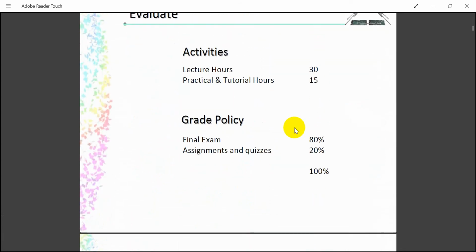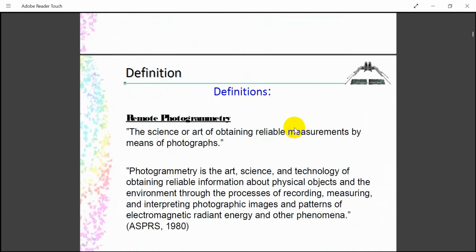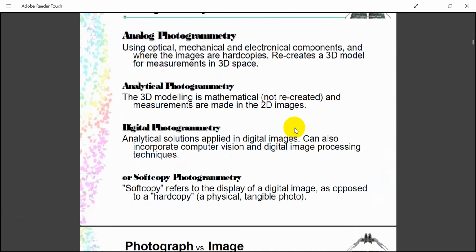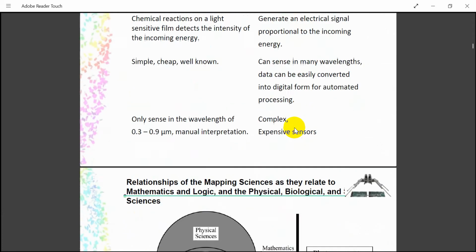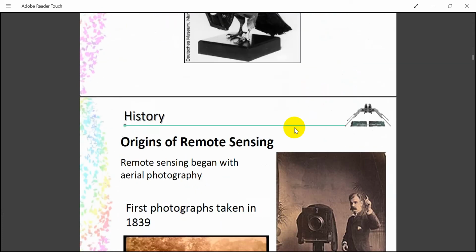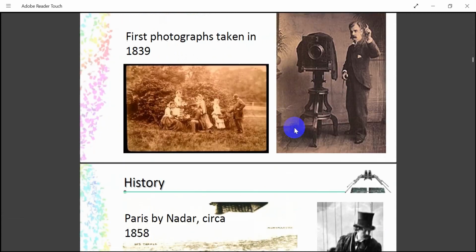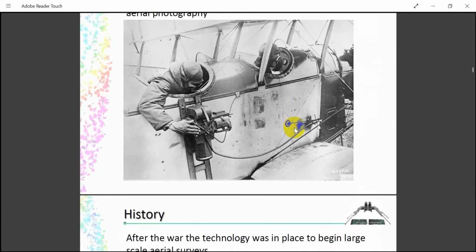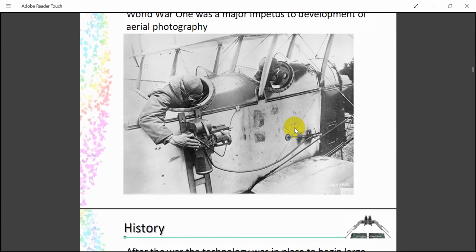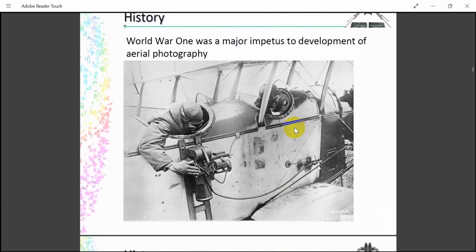See, this is photogrammetry as a course, a 100 marks course, Sri Lanka. Photograph, image. The history of remote sensing we will discuss later. Photography.